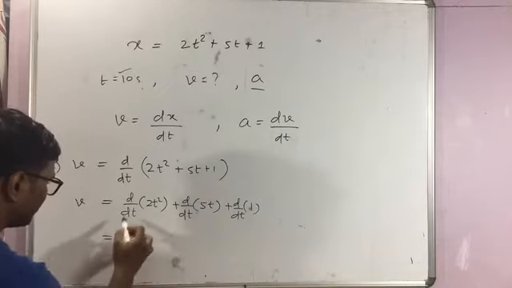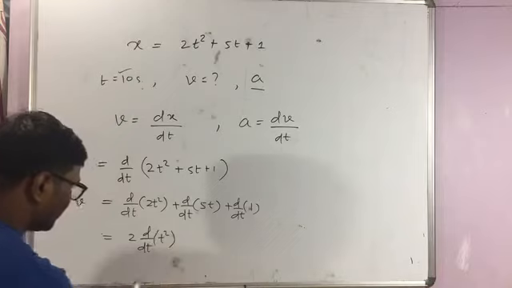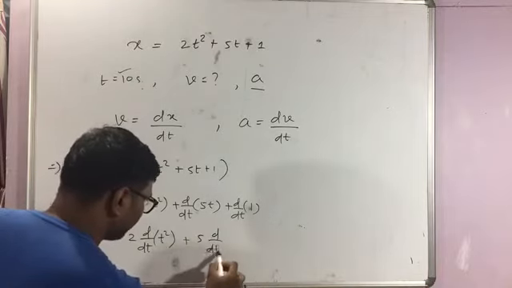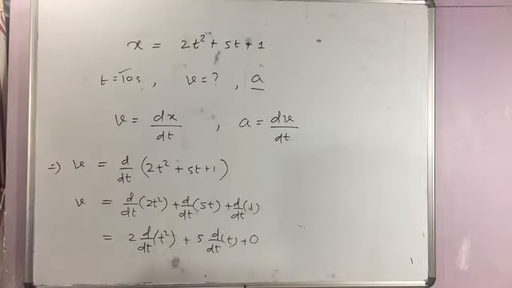You can take the constant 2 outside, d by dt of t square, you take 5 outside here, so d by dt of t, plus the derivative of any constant is 0.